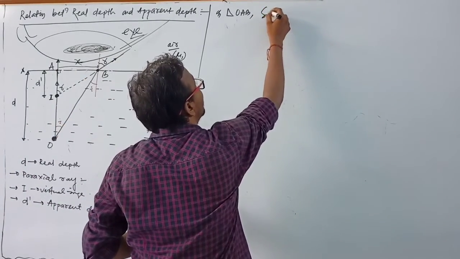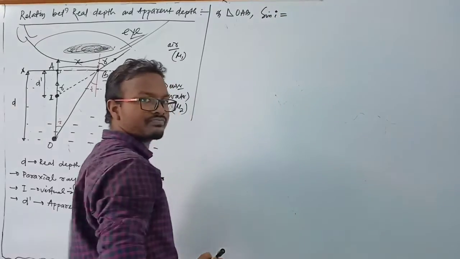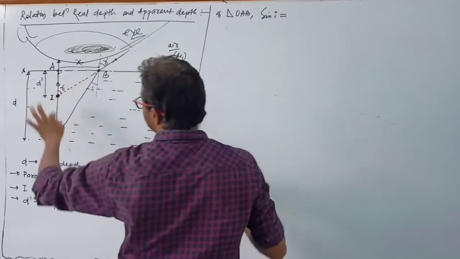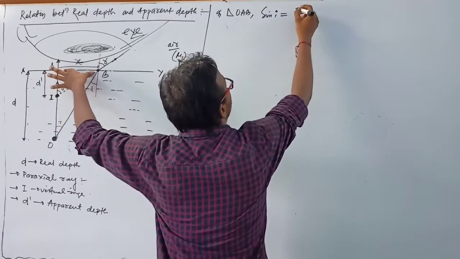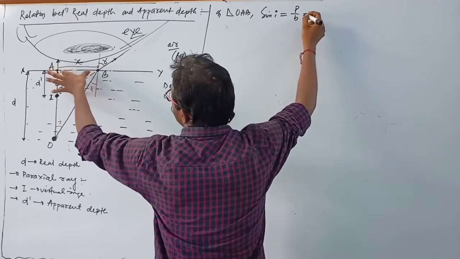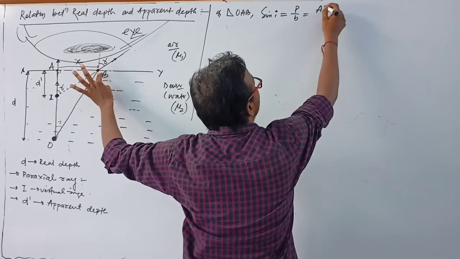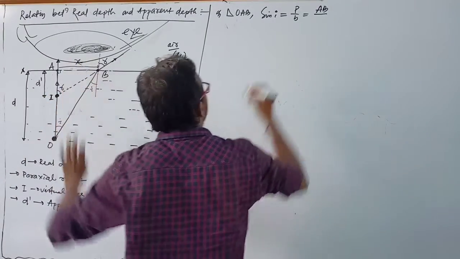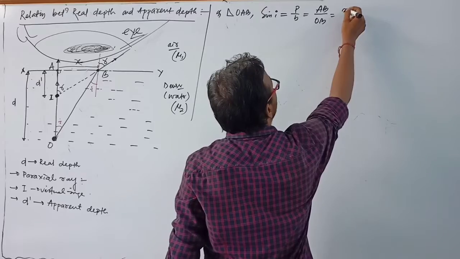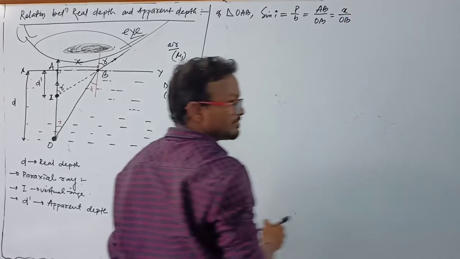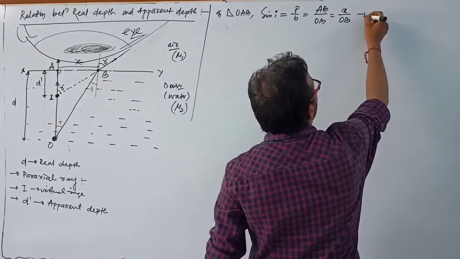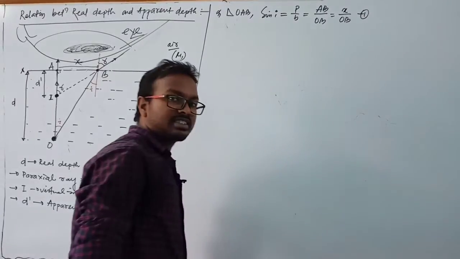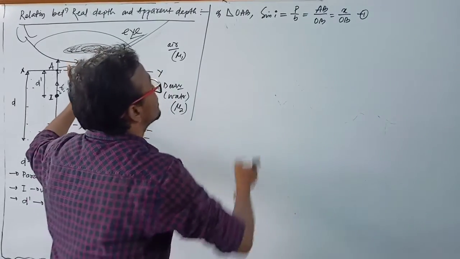We can write sine of angle of incidence, sine I, equal to perpendicular upon hypotenuse. The perpendicular is AB, and this is the hypotenuse OB, and AB equal to x, so sine I equals x by OB. Clear? This is equation number 1. We get the value of sin I, because we have to use Snell's law at the interface.